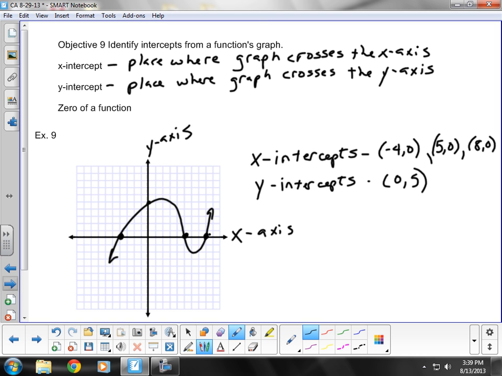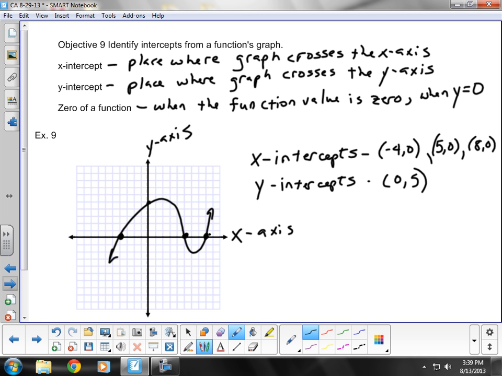Now, if it talks about a zero of a function, what that's talking about is when the function value is 0. Let's think about that another way. What letter did the function value represent for us? That was when y was equal to 0.